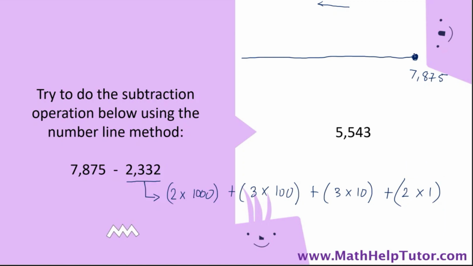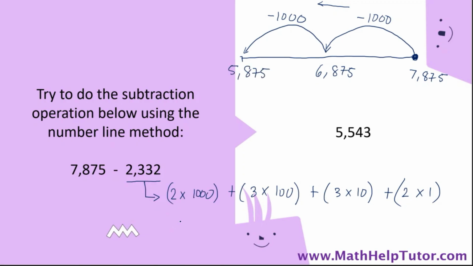There are 2 1,000s. That's 1 1,000. And then let's skip count another 1,000. So 7,875 minus 1,000 gives us 6,875. And then if we subtract another 1,000, it becomes over here 5,875. So we're done with thousands place.